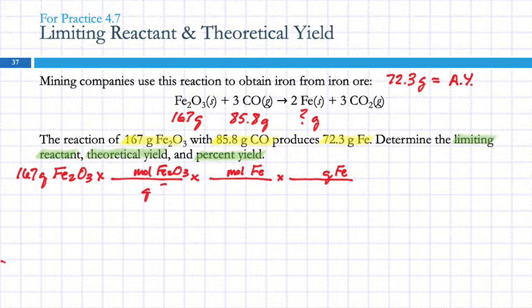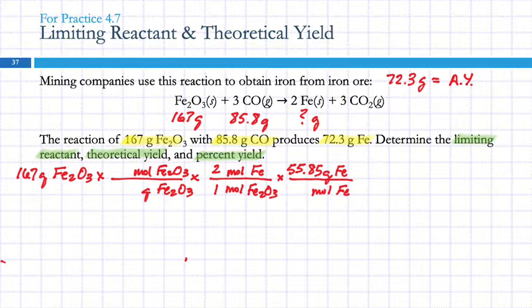So grams of Fe2O3 to moles of Fe2O3 and moles of Fe. There's 1 mole of Fe2O3 for every 2 moles of iron. Molar mass of iron is 55.85 grams.